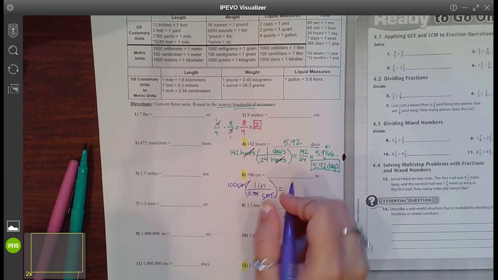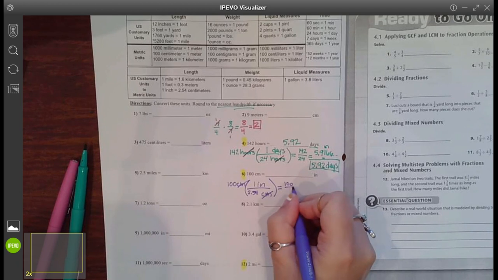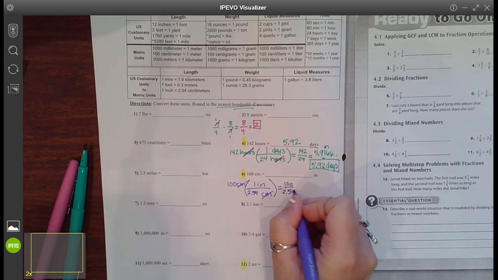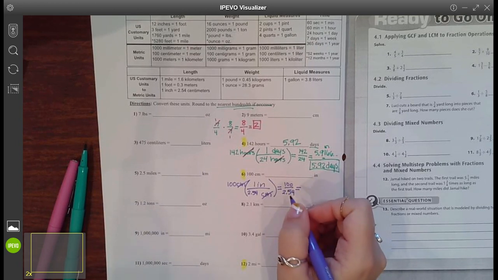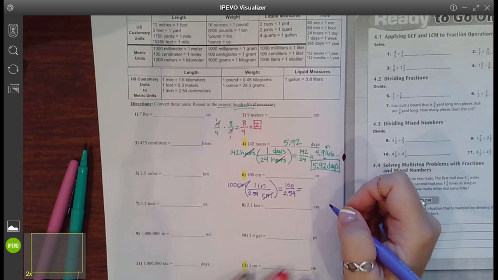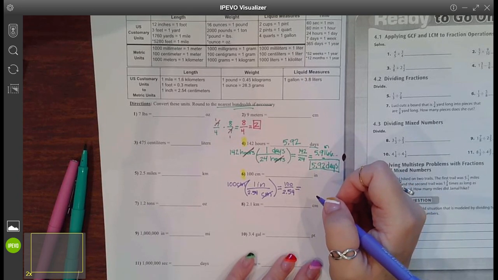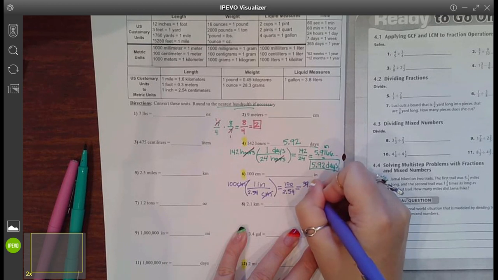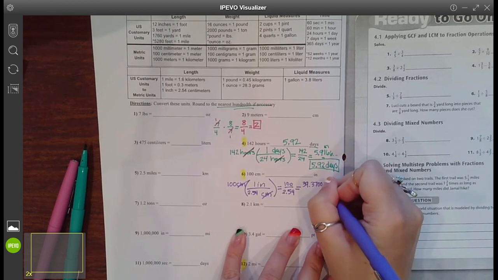Okay, so 100 times 1 is 100. Over 1 times 2.54 is 2.54. And then it's top divided by the bottom. So if you type into your calculator 100 divided by 2.54, you get 39.370078, whatever.